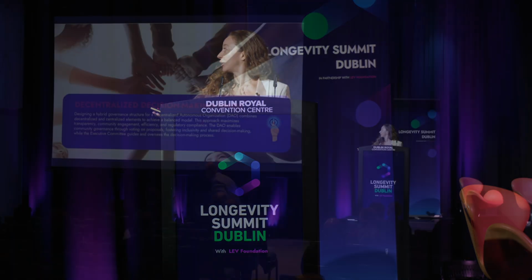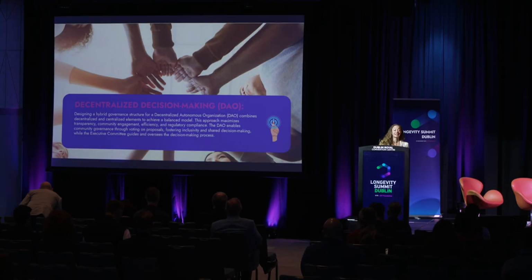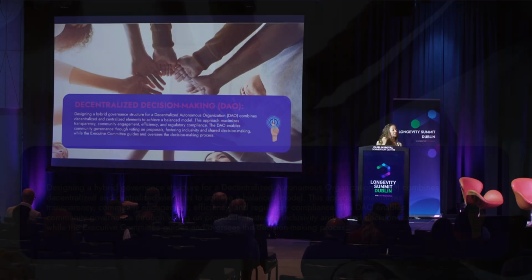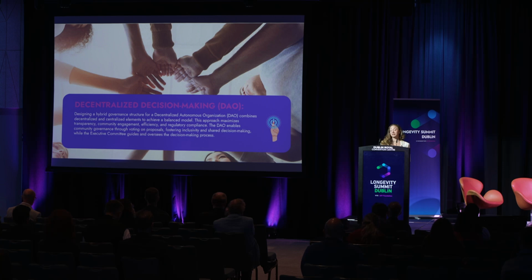Also implement a DAO, decentralized autonomous organization, creating specifically a hybrid governance. What does that mean? A DAO structure allows for the community to vote anonymously on the initiatives and proposals that we would like to see more of in our community.